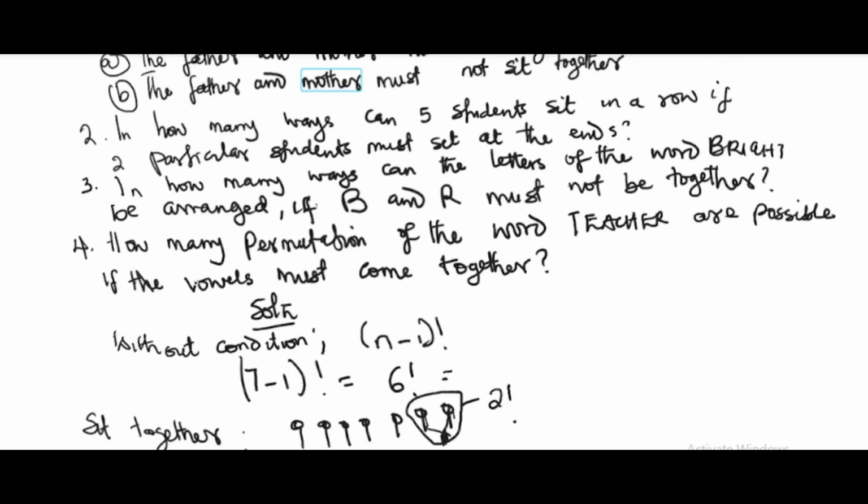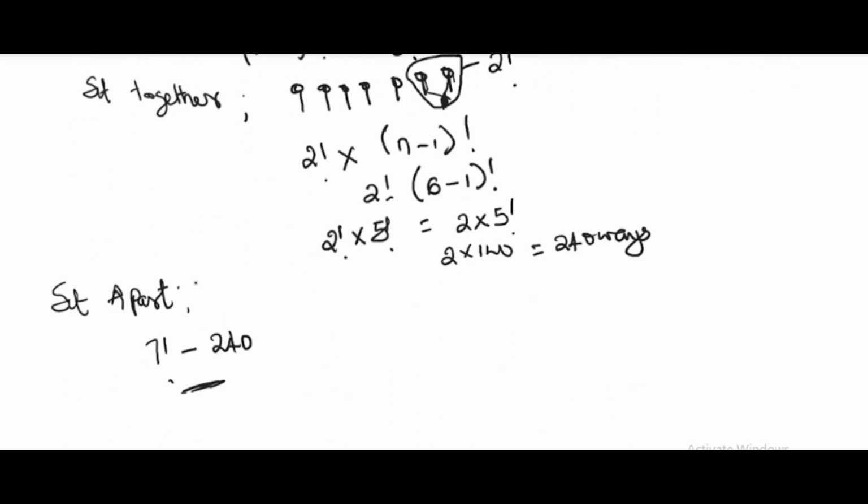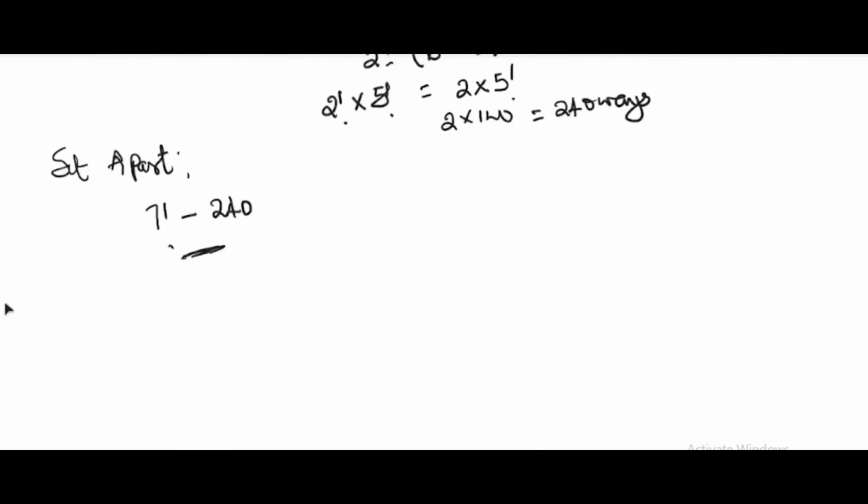So moving to the next question, what does the next question say? That's question 2. In how many ways can 5 students sit in a row if 2 particular students must sit at the end? Wow. I think that one should be the easiest. So number 2. Now 2 students sitting at the end. If this is our chair, we have here to the west, we have here to the east, right?